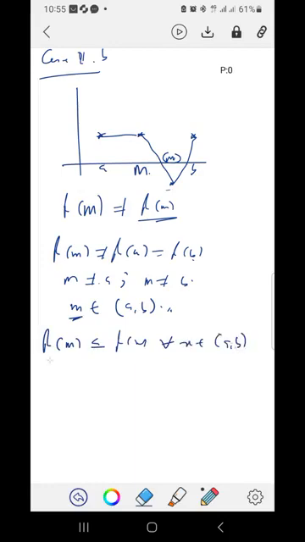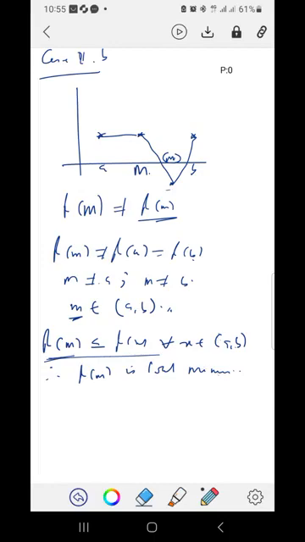So it is the shortest, which makes it a local minimum. Therefore, f of m is a local minimum.